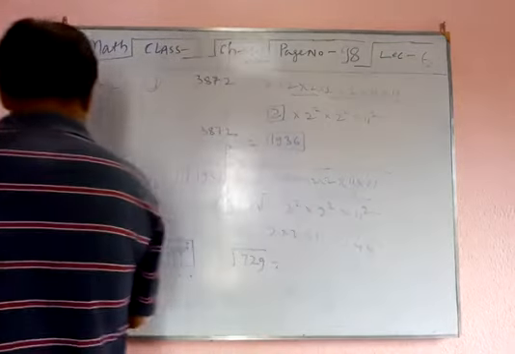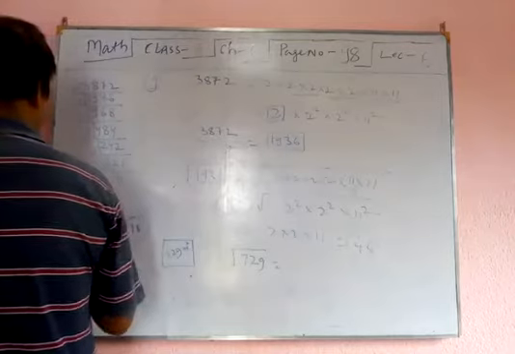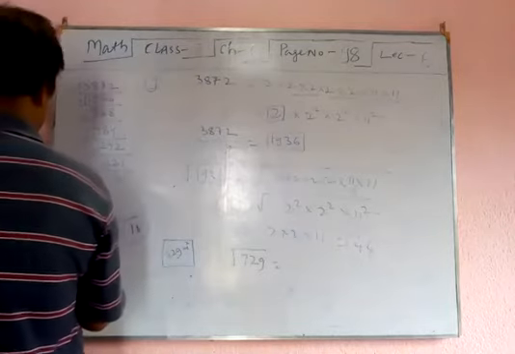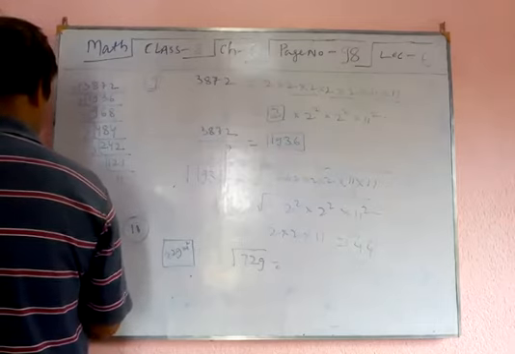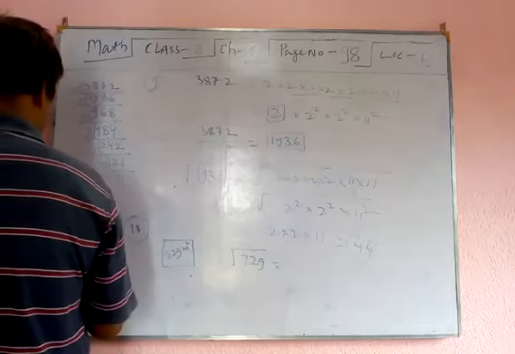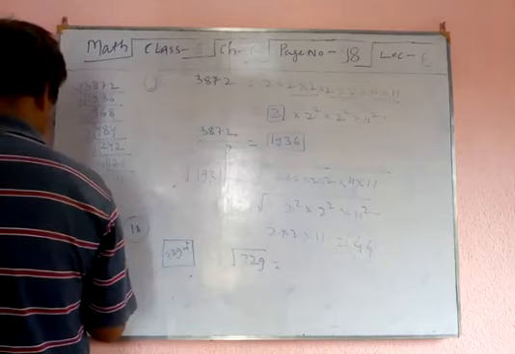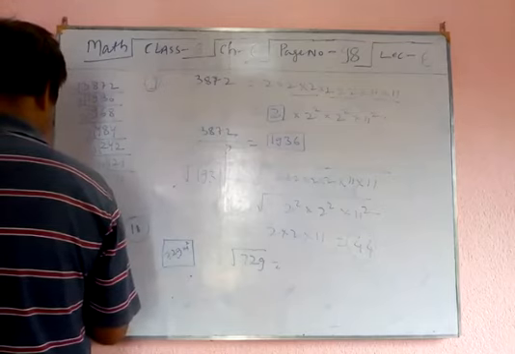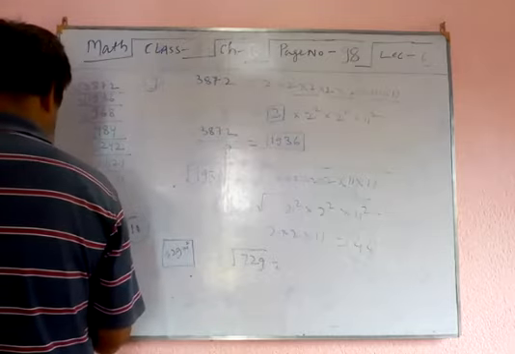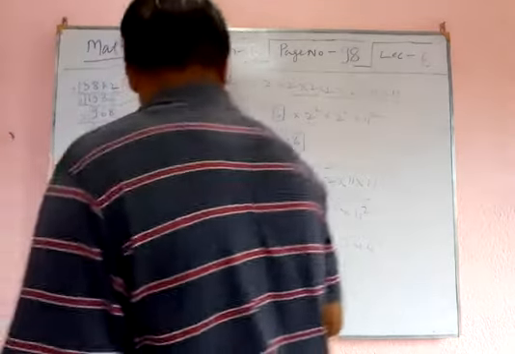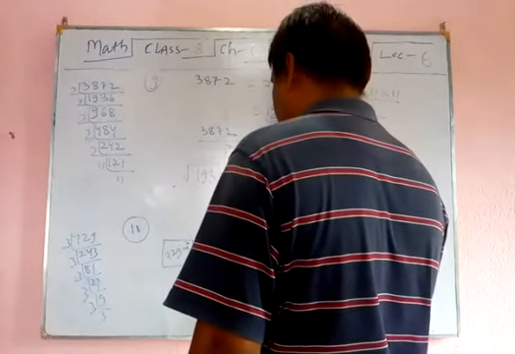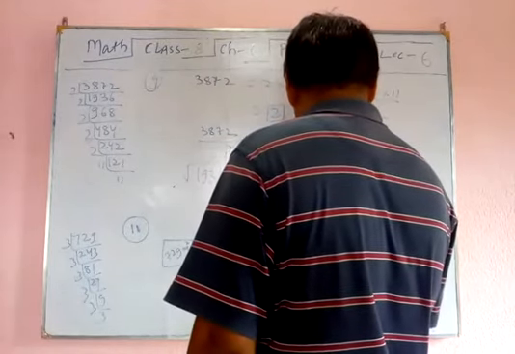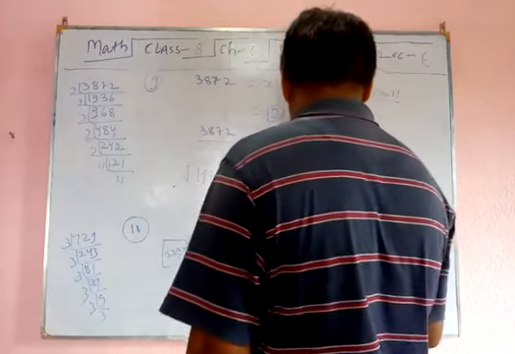Then 729 here. So by 3. Again. So we can write here 729 is equal to 3 into 3 into 3 into 3 into 3 into 3.